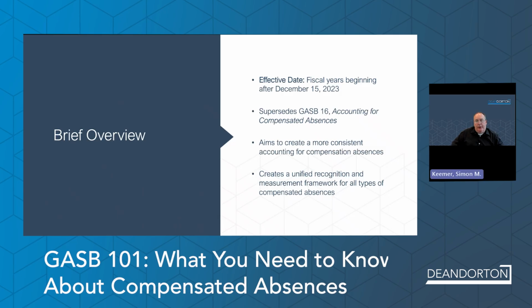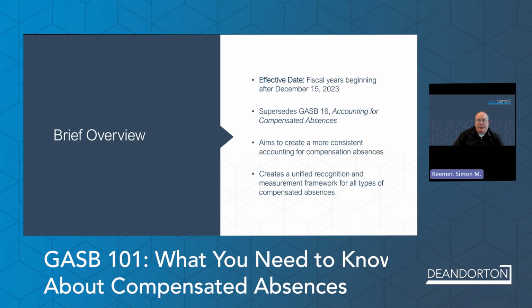So a brief, high level overview of the statement. It's effective for fiscal years beginning after December 15, 2023. My assumption is most, if not all, of the people on the call this afternoon are probably June 30 year ends. So you're looking at compensated absences under 101 being implemented for your June 30, 2025 financial statements.